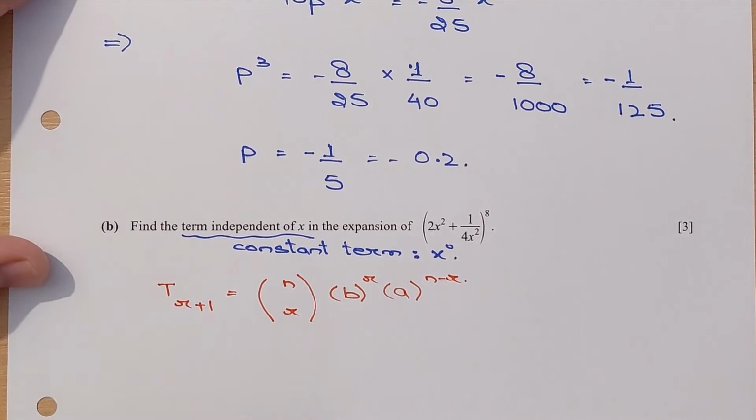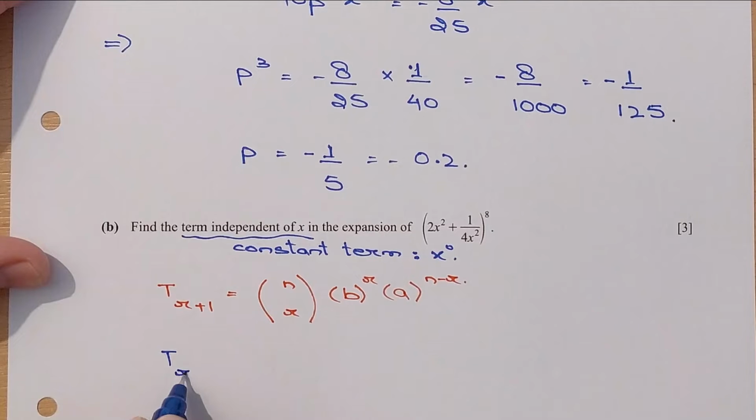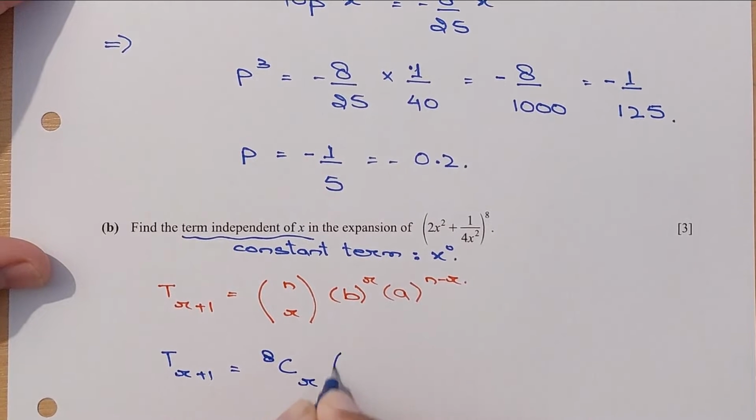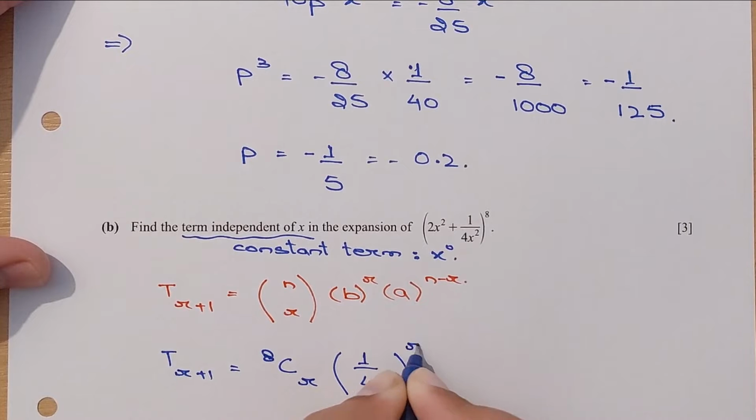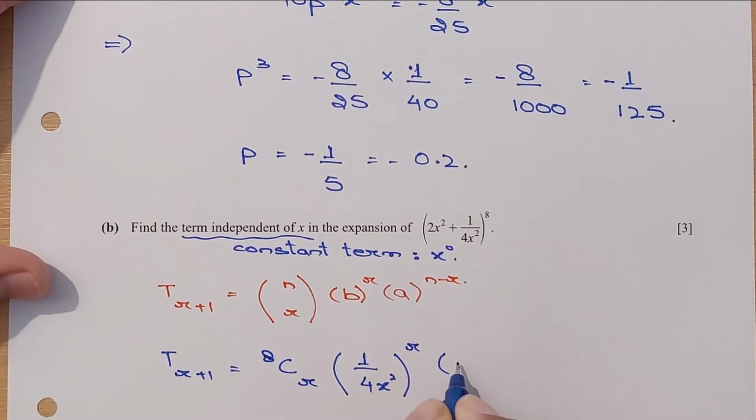So T(r+1) equals 8Cr, the second term is 1 by 4x squared with power r, and the first term is 2x squared with power 8 minus r.